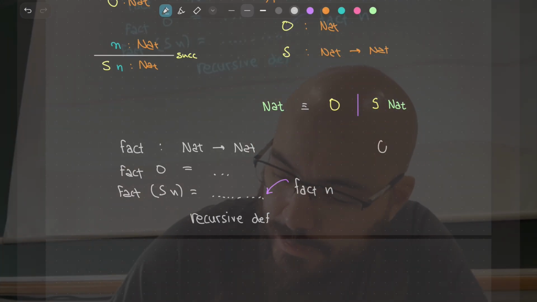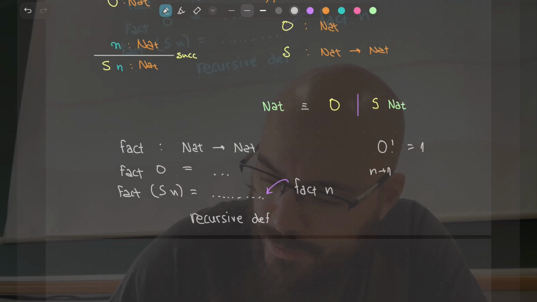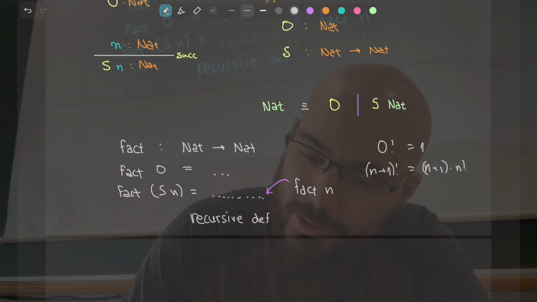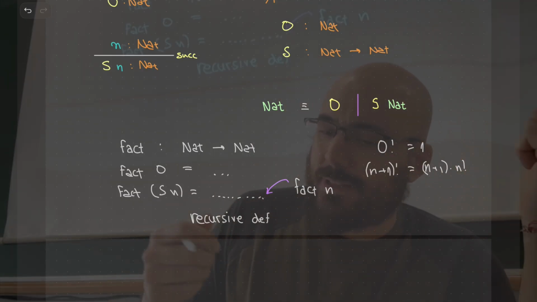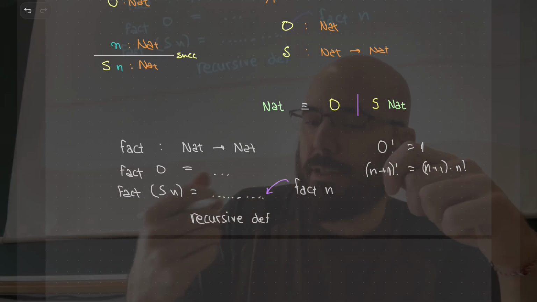Usually you write something like the factorial of 0 is 1, and the factorial of, I don't know, n plus 1 is n plus 1 times the factorial of n, something like that. You are using here the factorial of n, and it's maybe kind of cyclic reasoning or whatever.